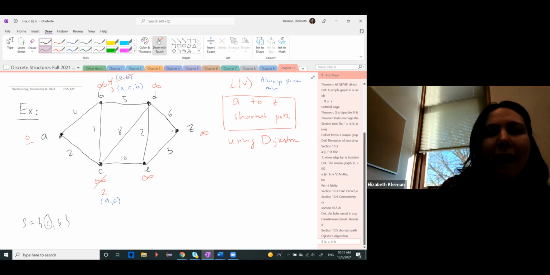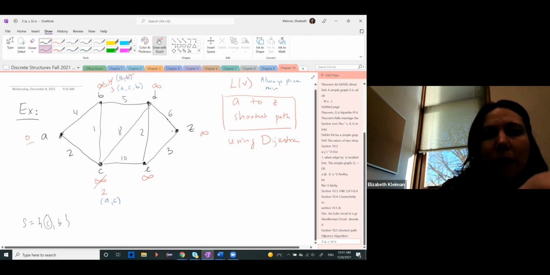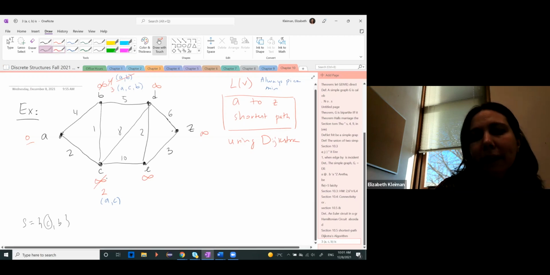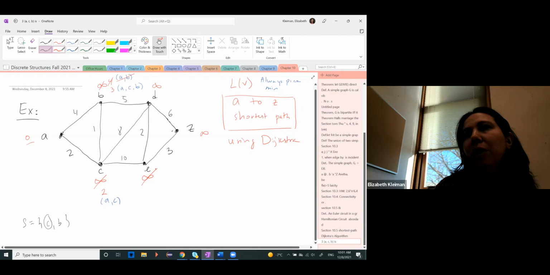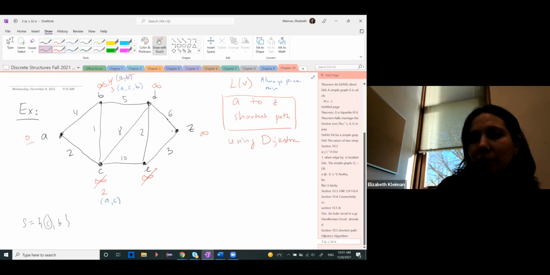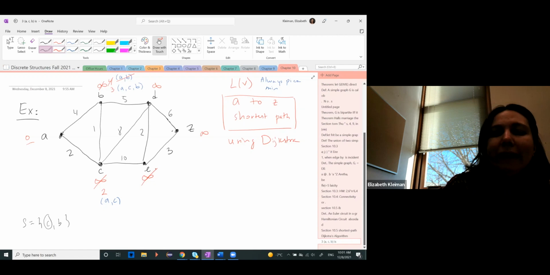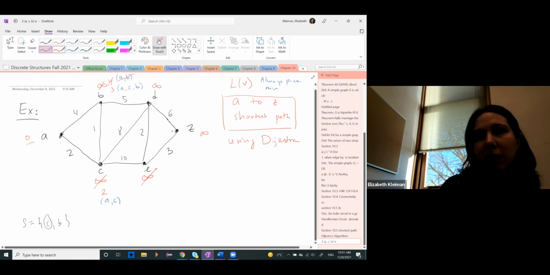So now, C is connected to E, correct? So we can change this infinity to be what? So I can get from C to E. Okay, 10 is the most common mistake.